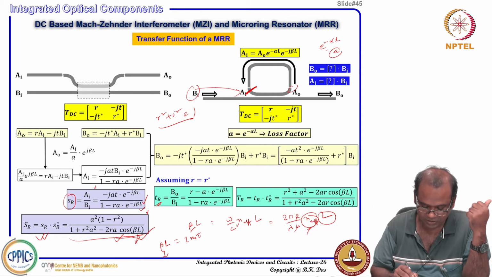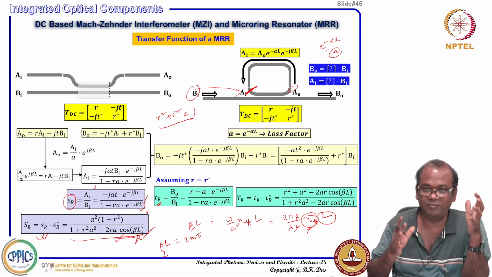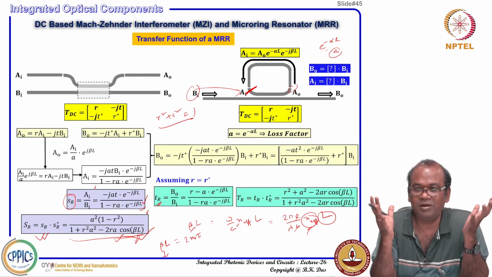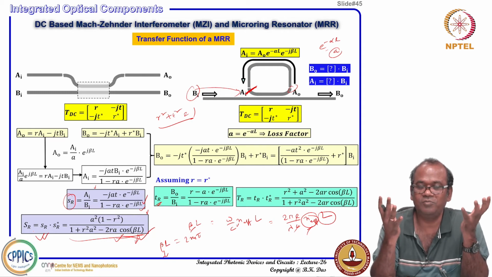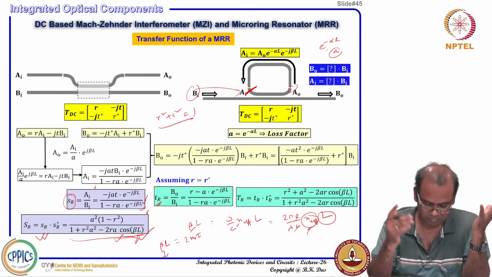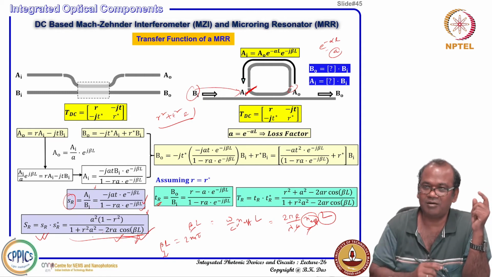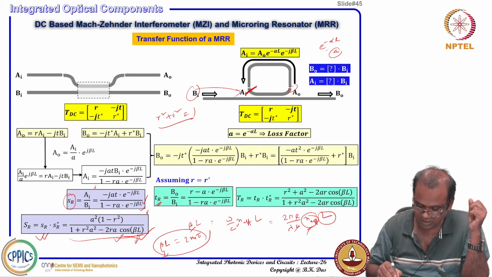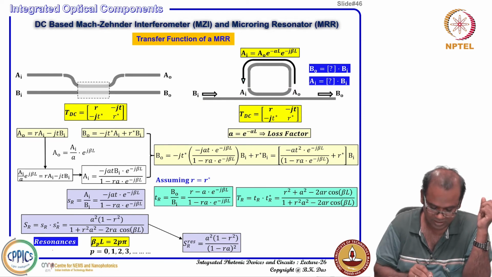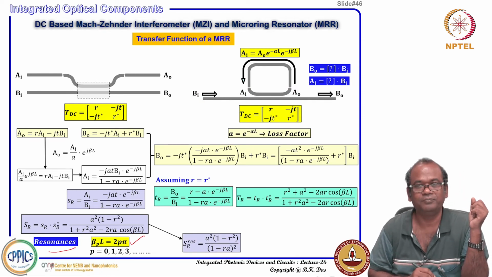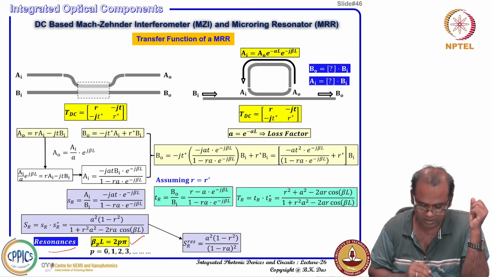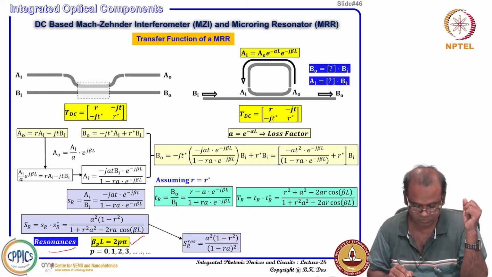So, when it is plus 1, at that particular frequency, that particular wavelength, the energy storage inside will be maximum, because the denominator has a minus sign here. That particular condition is called the resonance condition. So, we call it resonance when beta L equals 2 p pi. P is the integer, instead of m we are writing p. P can be 0, 1, 2, 3, 4, and so on.